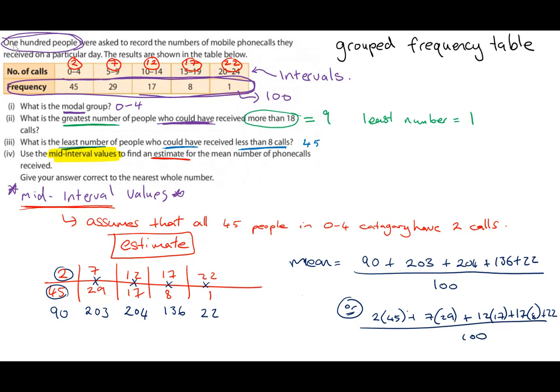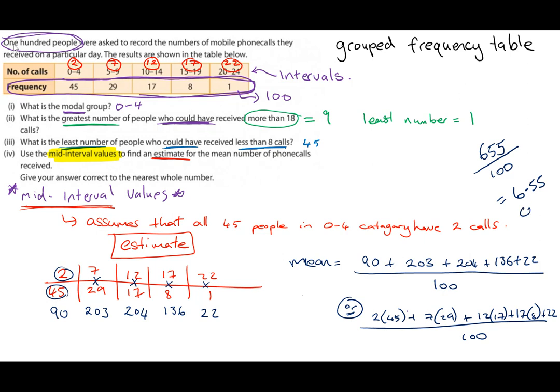Either way, when I do that calculation, 90 plus 203 plus 204 plus 136 plus 22 is 655, divided by 100, which is 6.55 is the mean number of calls.